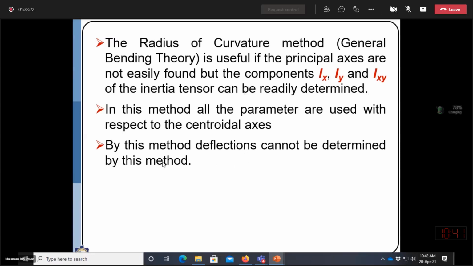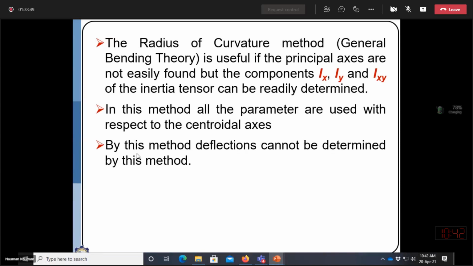We will discuss why. Since this method requires all properties with reference to the centroidal axis, if these centroidal axes are not principal axes, we cannot determine deflection along that centroidal axis. Deflection can only be determined if we know the loadings along the principal axis.